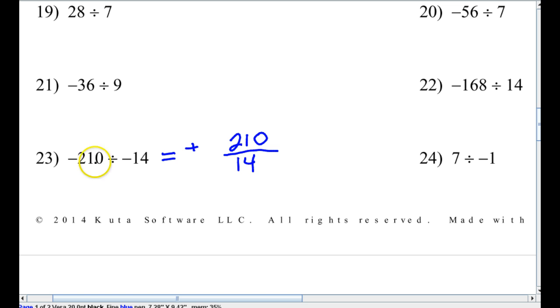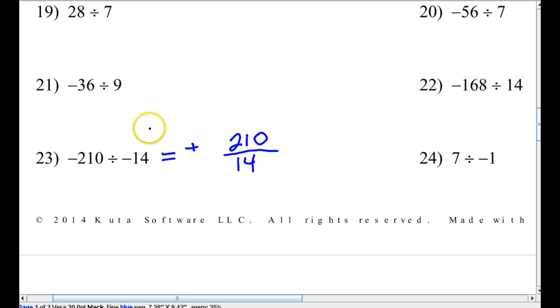Are these the same thing? 210 divided by 14, 210 over 14. Yeah.